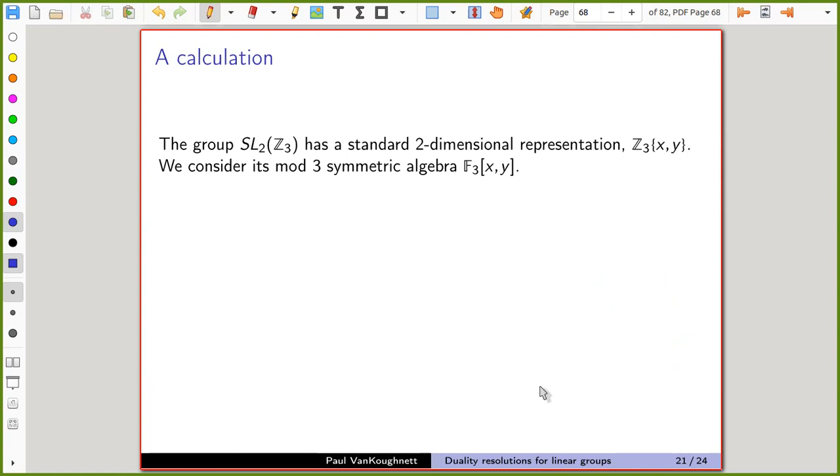As an application, there's some cohomology that we can calculate with this. So there's a two-dimensional representation of this group, which is just the standard one acting by matrix multiplication. Let's take the symmetric algebra on this representation and quotient it out by 3. So this is very loosely analogous to G21 acting on E2 star of V0 at the prime 3.